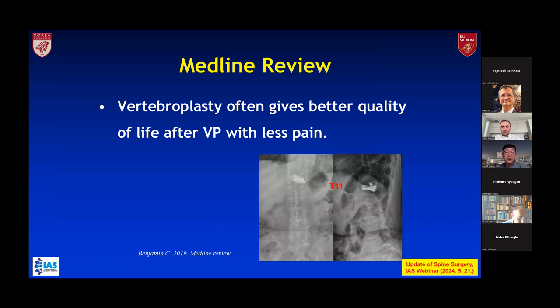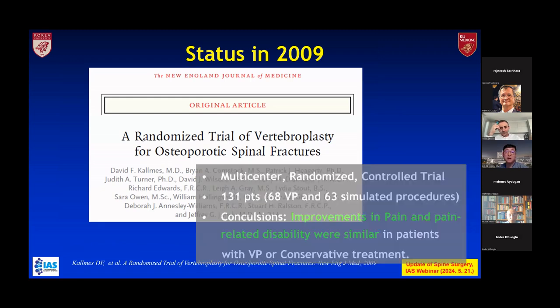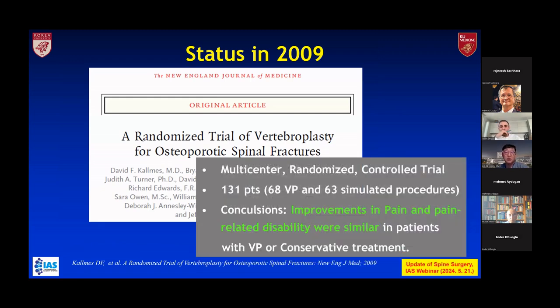In many articles, the well-known vertebroplasty or kyphoplasty can give a better quality of life with less pain after an osteoporotic compression fracture happens. In some literature, as you can see in this paper published in the NEJM 2009, this was a randomized trial of vertebroplasty versus conservative treatment in osteoporotic vertebral fracture patients.